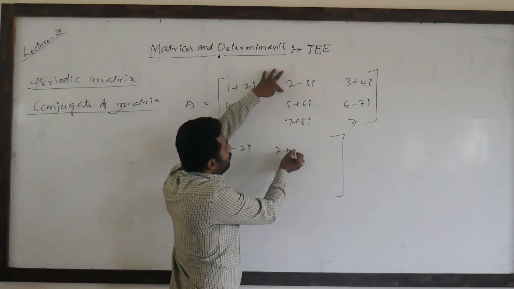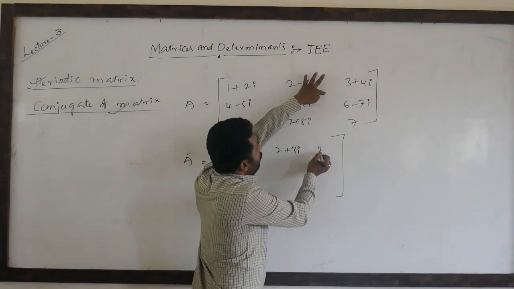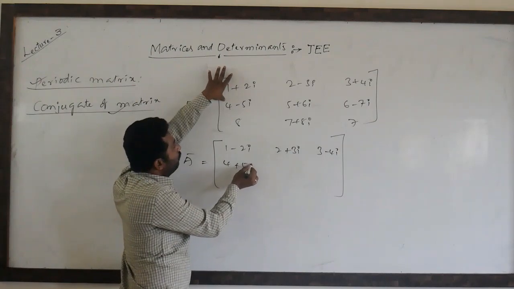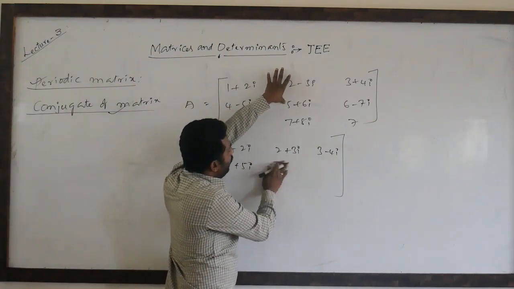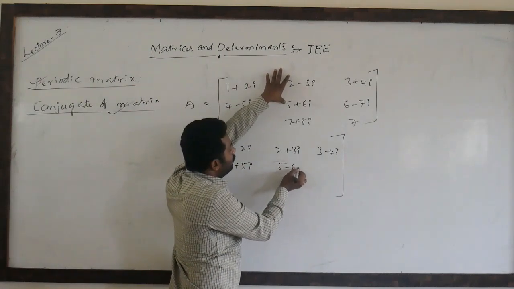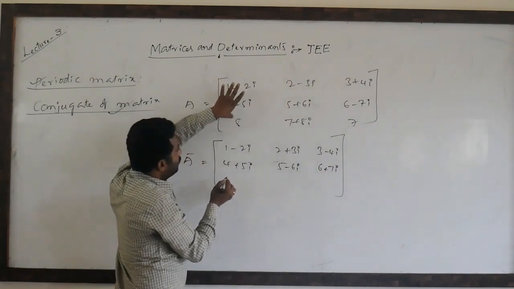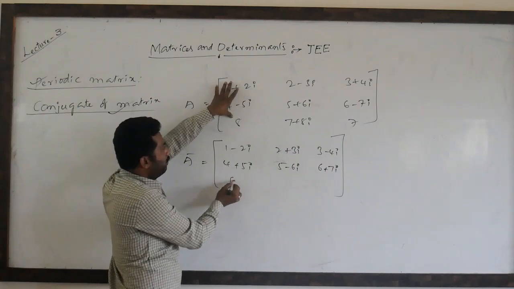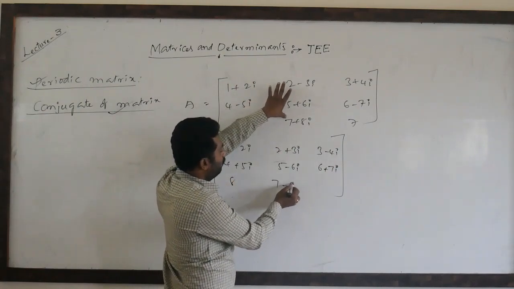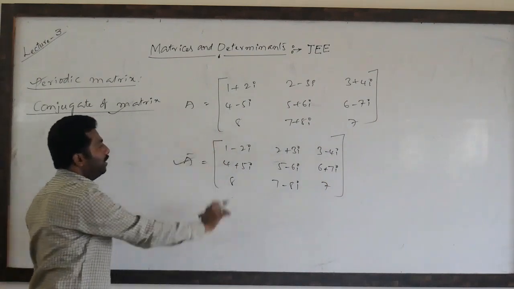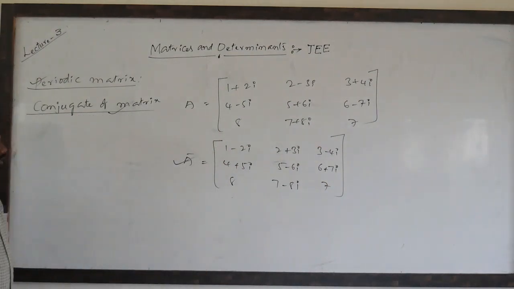This is 2 plus 3i. 3 minus 4i. 4 plus 5i. 5 minus 6i. 6 plus 7i. This is 8, a real number, whose conjugate is itself. This one's conjugate is 7 minus 8i. Its conjugate is nothing but itself. So this is the conjugate of the matrix.